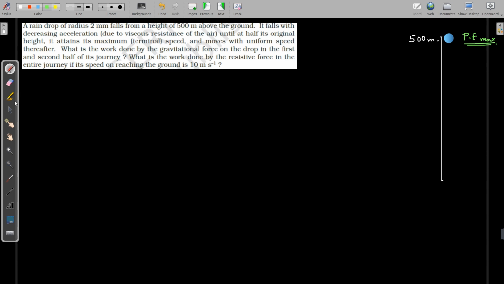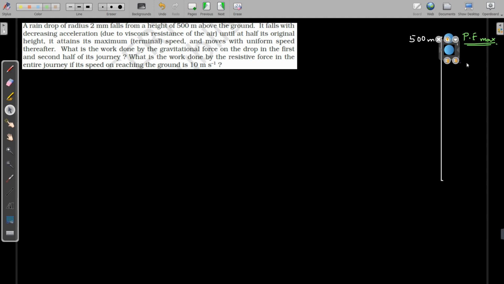So you can understand when this raindrop is falling from this height, its acceleration is decreasing. Acceleration decreasing does not mean that the velocity is going to decrease. Why? Acceleration means velocity increases.